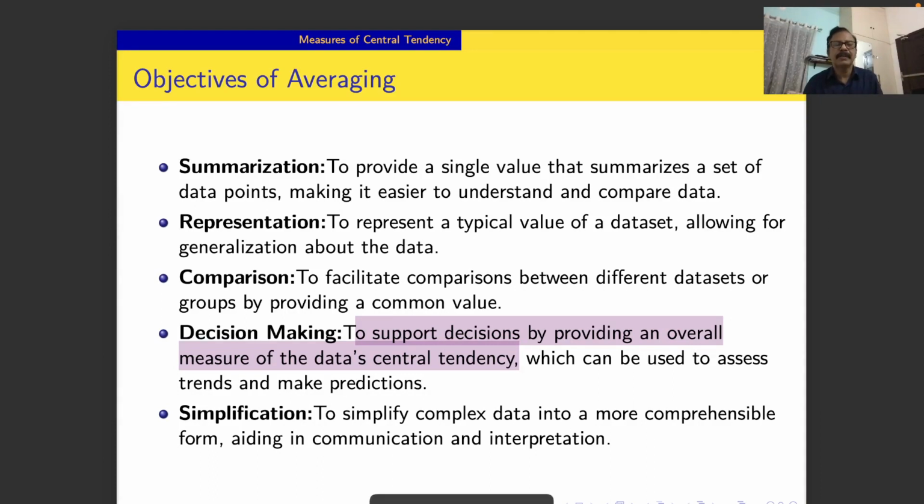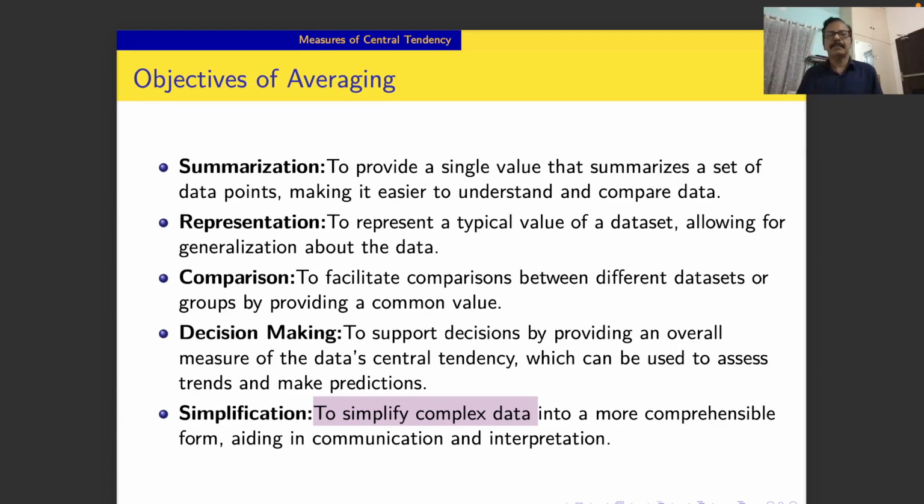Another important aspect is simplification. Simplification means to simplify complex data into a more comprehensible form, aiding communication and interpretation. When we have complex data, huge data, or different types of data, we need a representative or typical value that represents the data in a simple form.